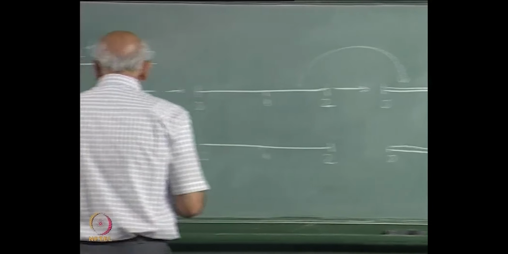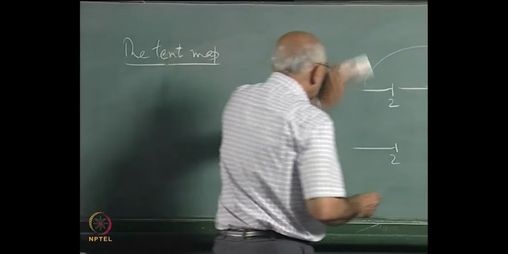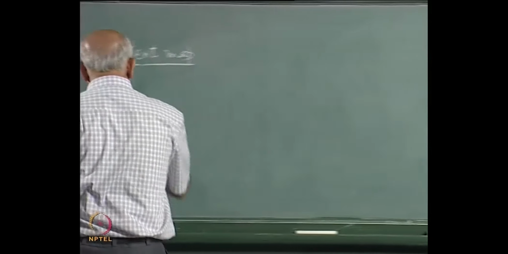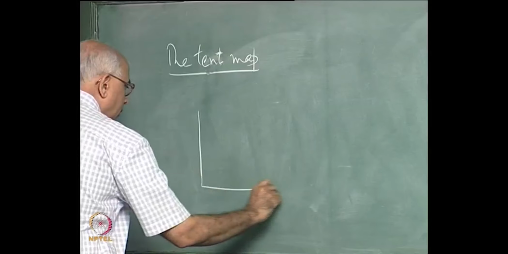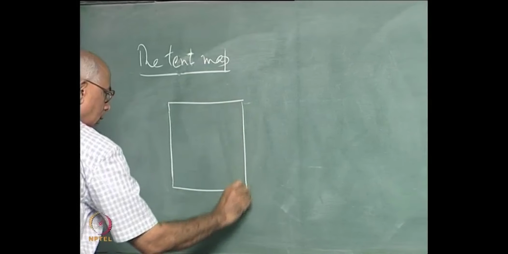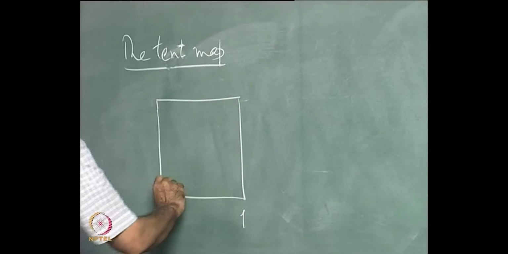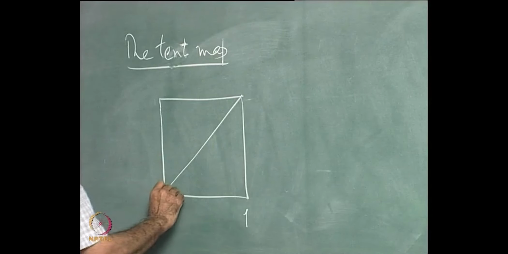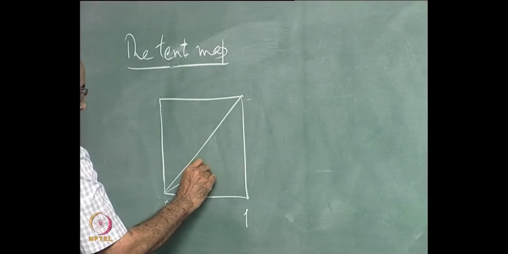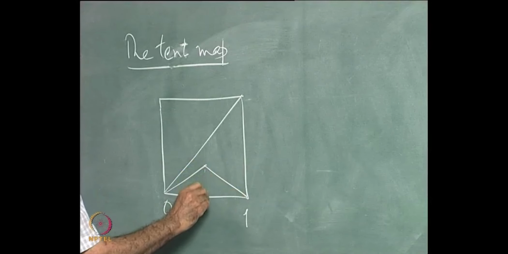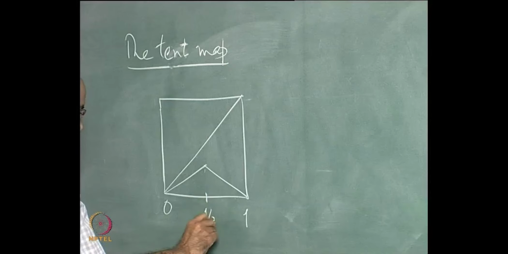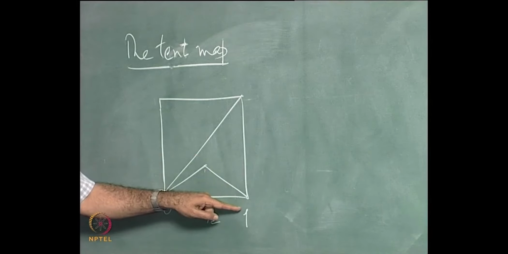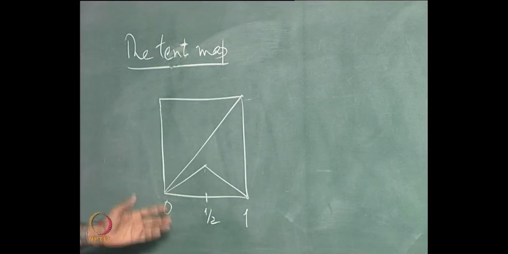So coming back to the tent map, suppose we look at it as a member of a whole family of maps of the following kind. So here is the map function, here is 0 to 1, there is the bisector, and suppose the map function is of this kind, it is a line with some slope r up to a half, and then it folds back to 1 on this side here, and let us write this map down.